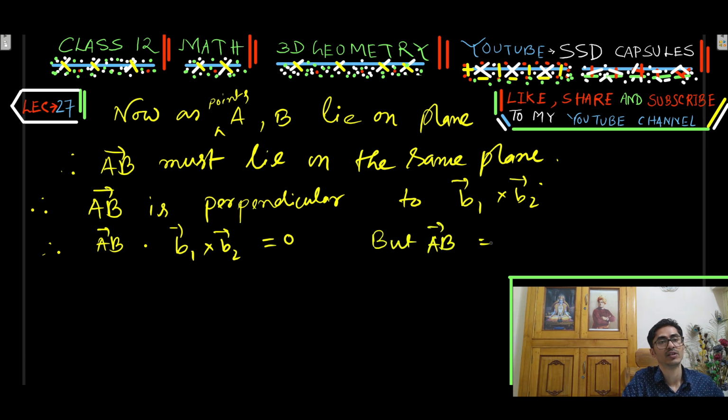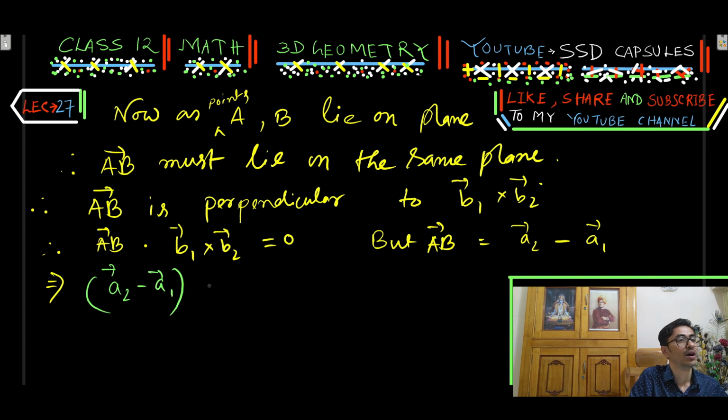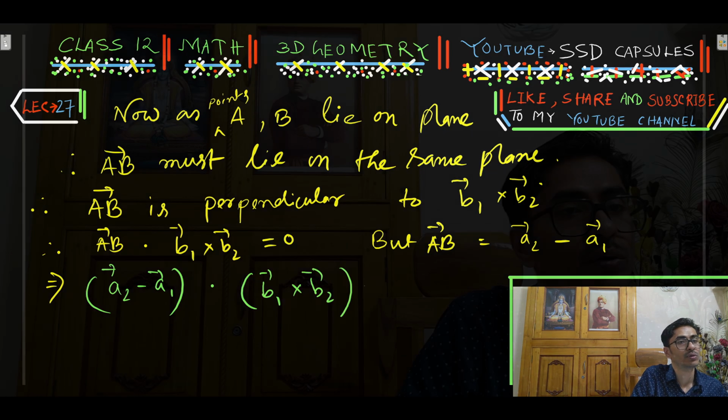AB vector is the position vector of point B, that is A2 vector, minus the position vector of point A, that is A1 vector. This implies A2 vector minus A1 vector dot B1 vector cross B2 vector equals 0. So we are done. We have derived the vector equation of the condition of coplanarity of two given lines.